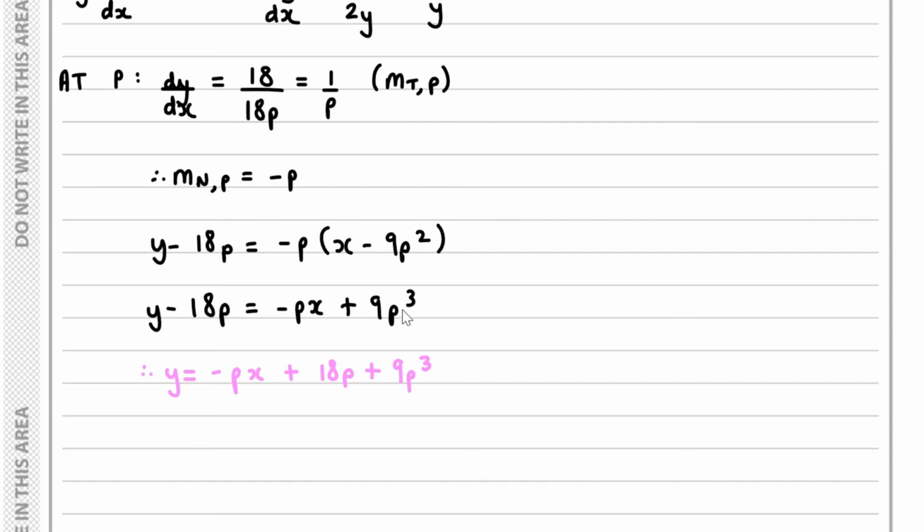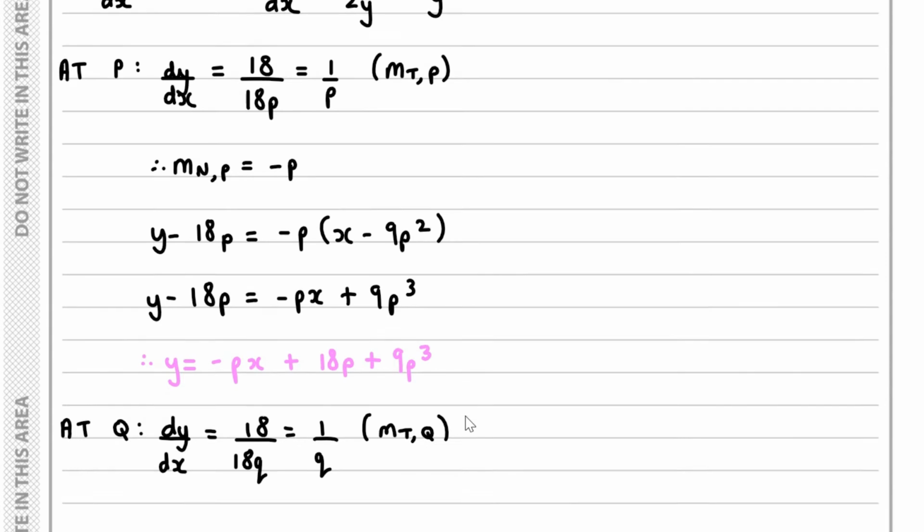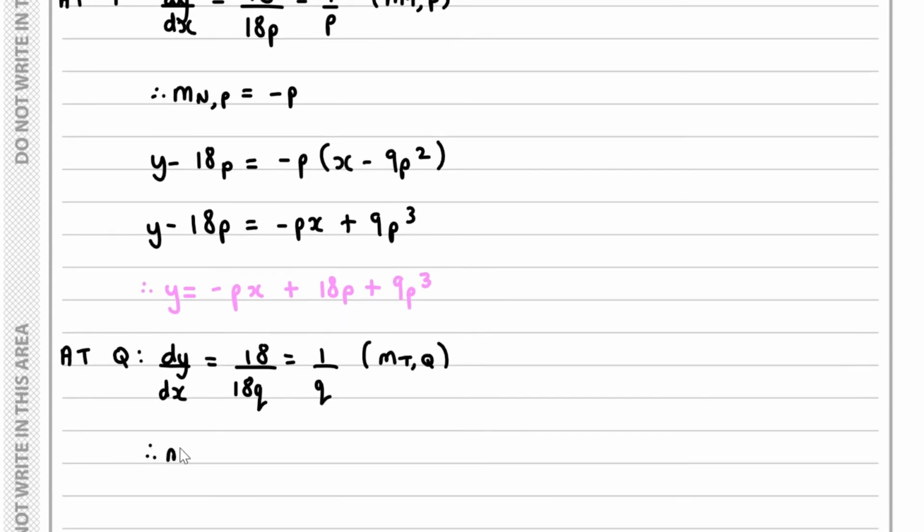And we can do a similar thing with the point Q. So at the point Q, we'd have exactly the same thing here. We have dy over dx equal to 18 over 18q. So this, of course, is 1 over q, which would represent the gradient of the tangent at Q. So the gradient of the normal at Q is equal to minus q.